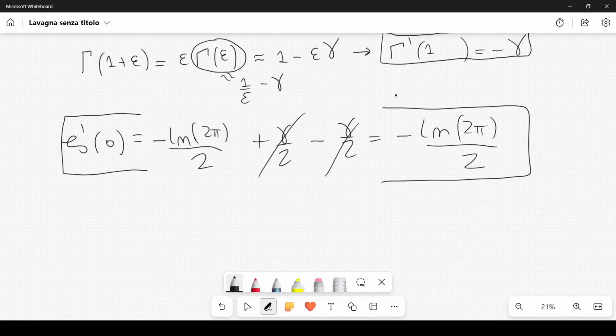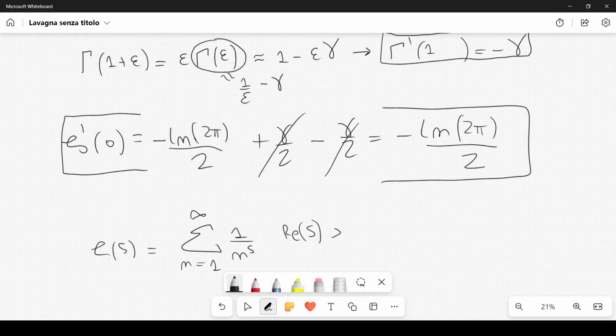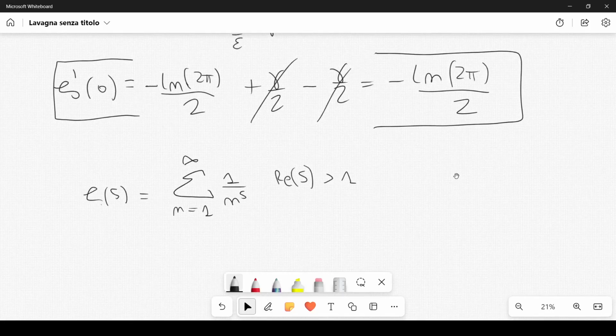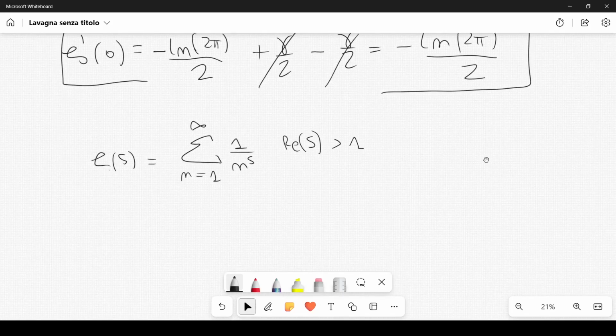Now, if we started from the Riemann Zeta function written as a summation, and we know that the summation strictly holds for the real part of s greater than 1. But now we know that in general the Riemann Zeta function can be extended by means of the so-called analytic continuation.